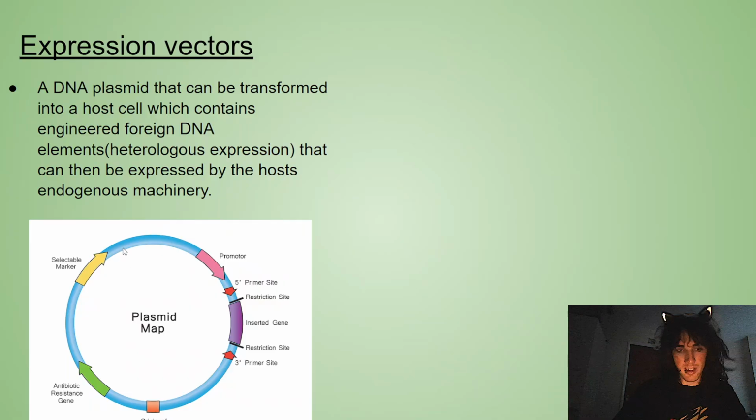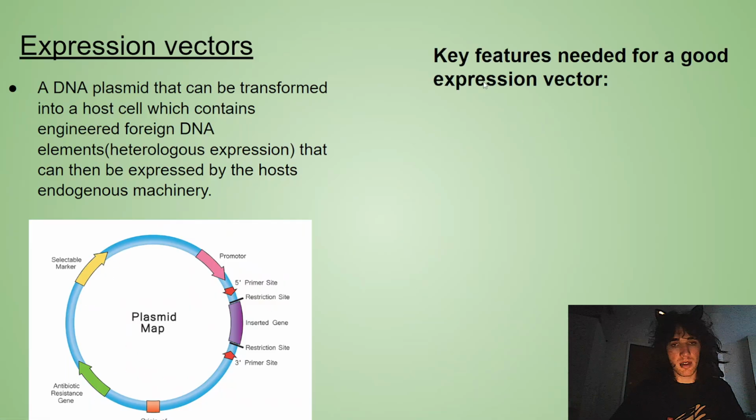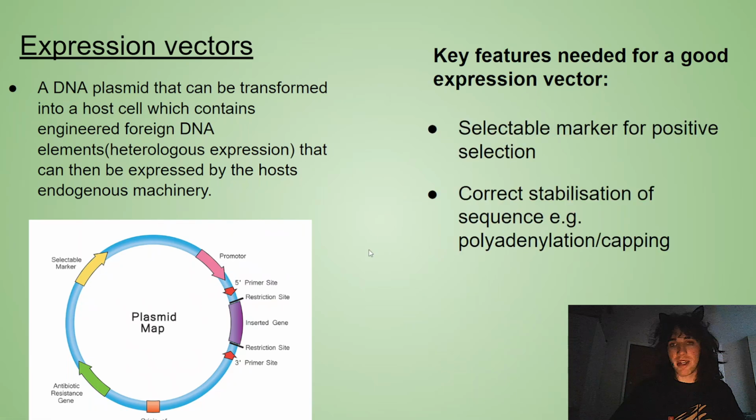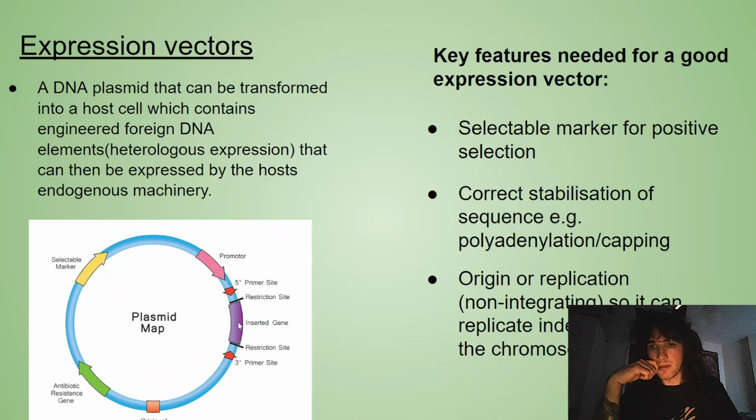Okay, and here is your plasmid. Here's what they look like. They have a selectable marker, an antibiotic resistance gene. Actually, yeah, key features needed: a selectable marker, correct stabilization sequence, so poly-A and capping and whatnot. So you just can't have a bare sequence. It will be broken down when it goes to mRNA.